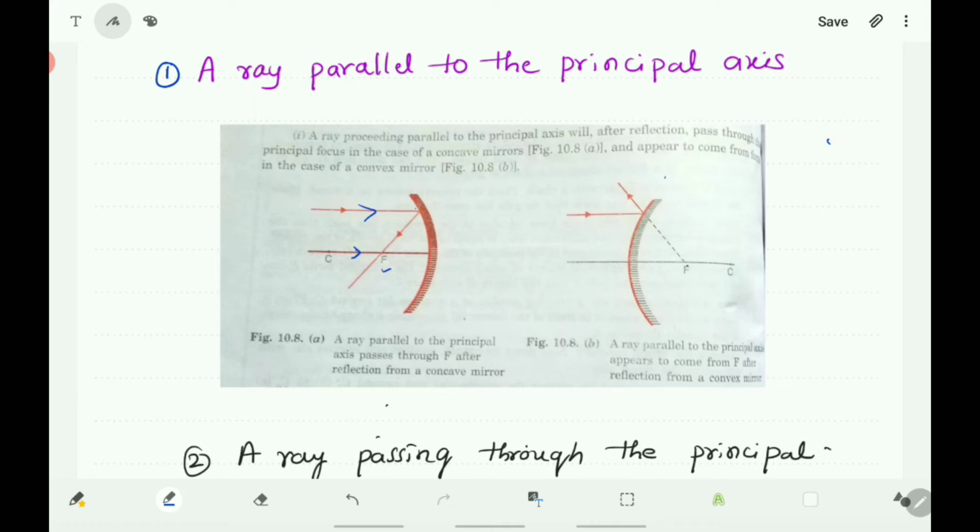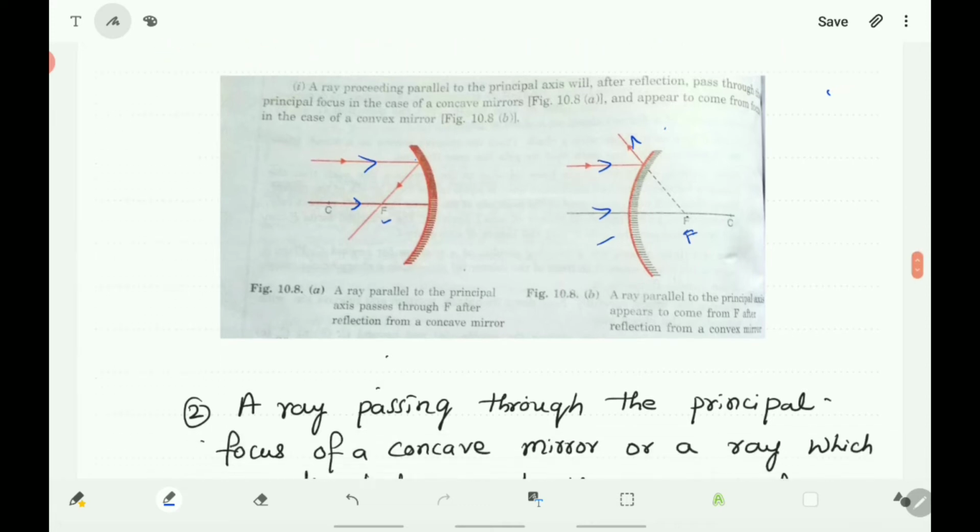In the case of a convex mirror, this is a ray parallel to the principal axis and this is the reflected ray, which appears to come from the principal focus. Here it is a virtual point, and the reflected ray appears to come from the virtual principal focus.